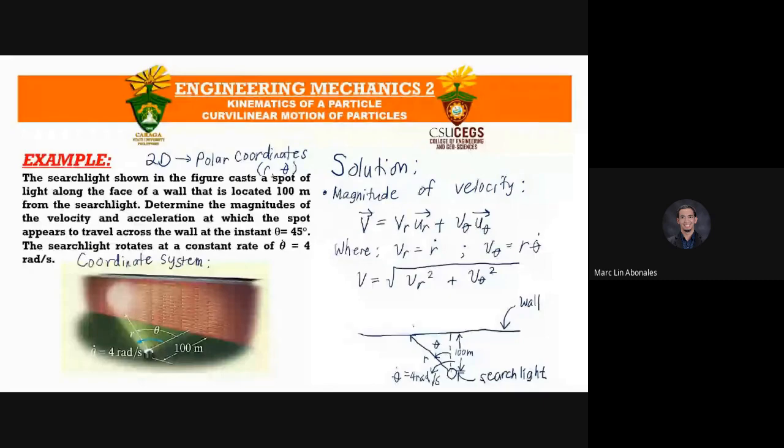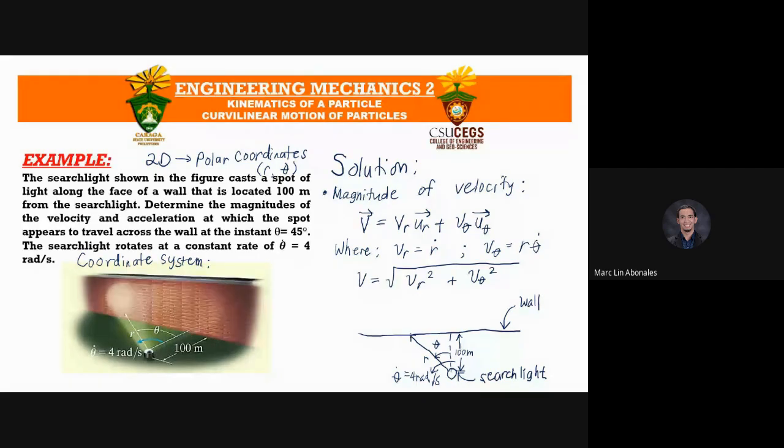So before we proceed on finding the equation for R, if I draw the R and the radial and transverse axis, the R and theta axis, since we are using polar coordinates for the coordinate system.